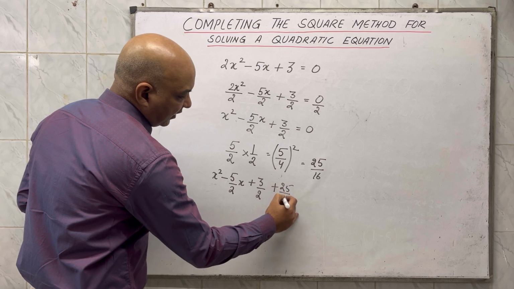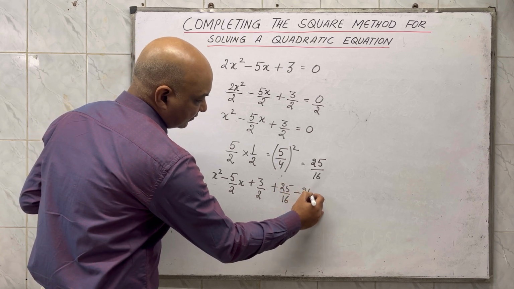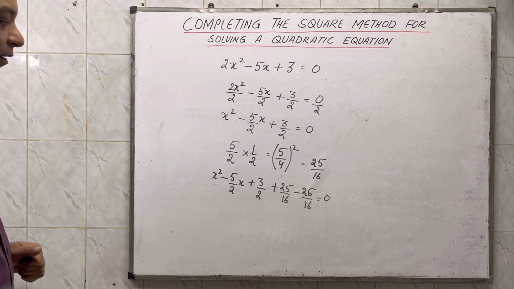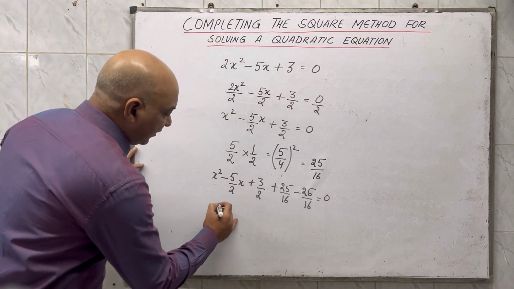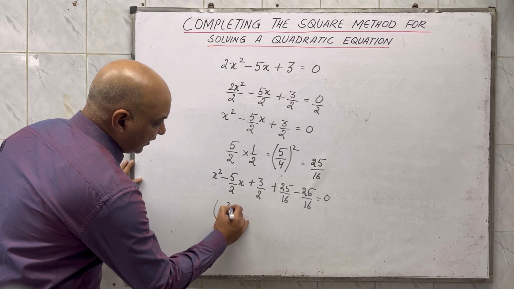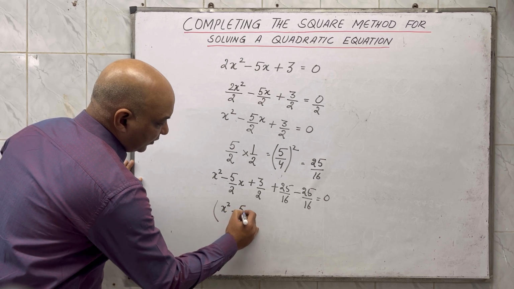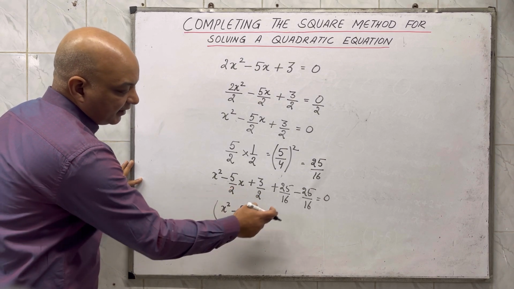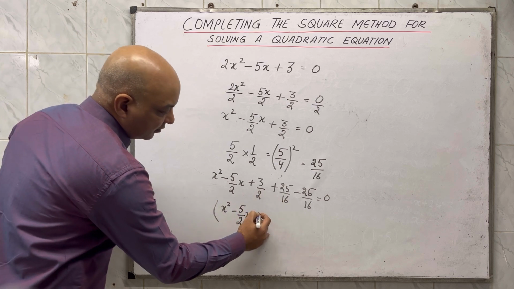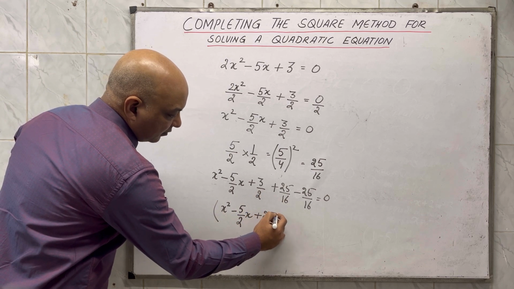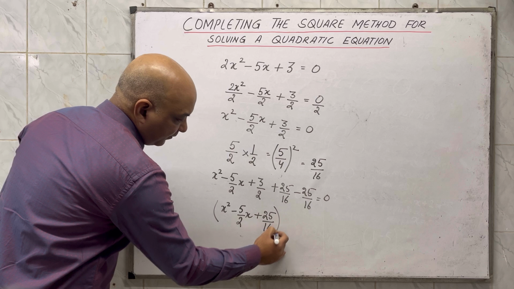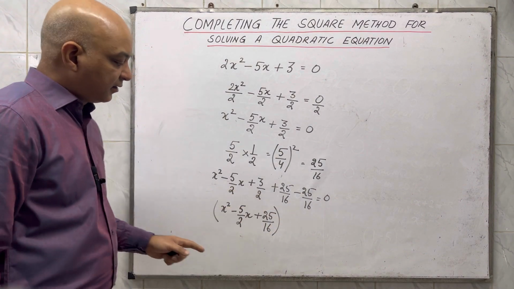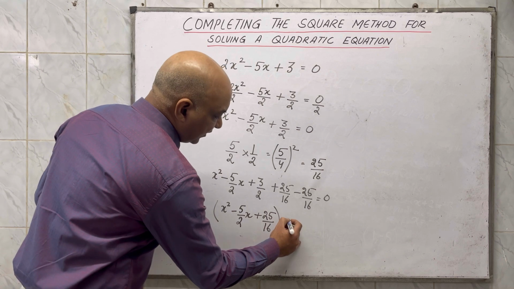Add as well as subtract. Now I will combine three terms, which are the x² term, the x term, and the number which I have just written as plus, and the remaining terms in the other bracket.